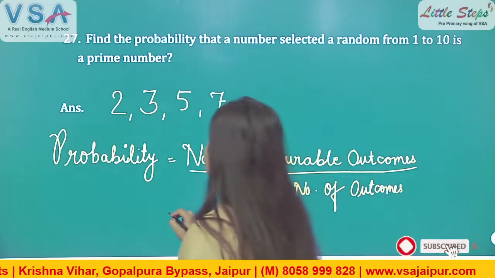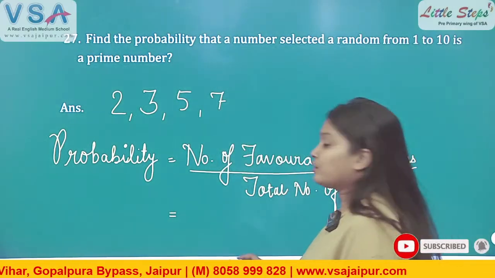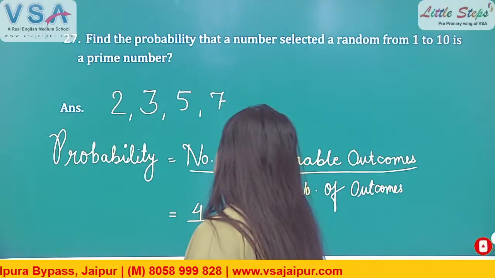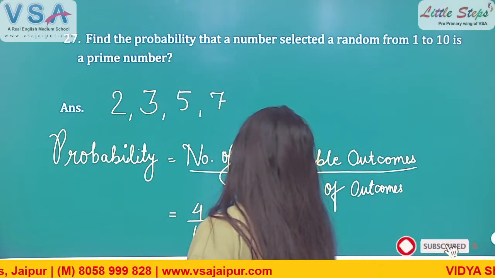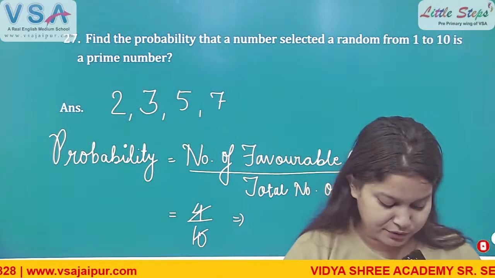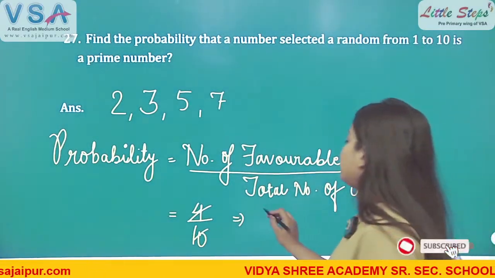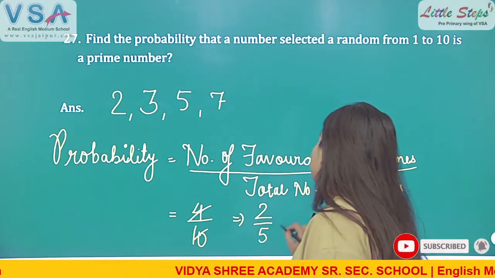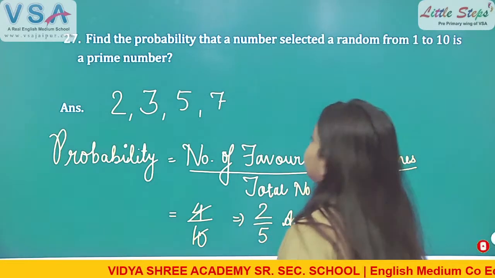As we have 4 outcomes, we write 4 by 10. 10 is the total number of outcomes. We will divide this by the table of 2 as we need to put the lowest fraction in the answer. What we have? 2 by 5 is the answer. Clear?